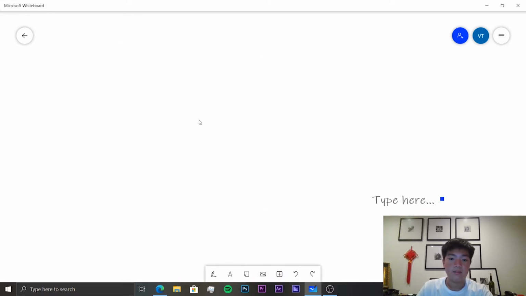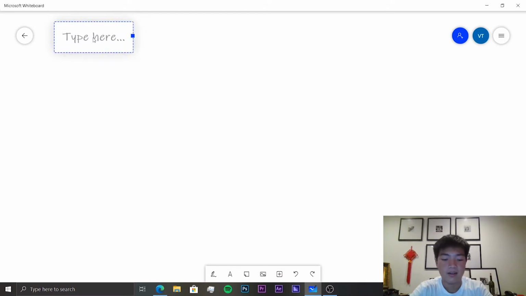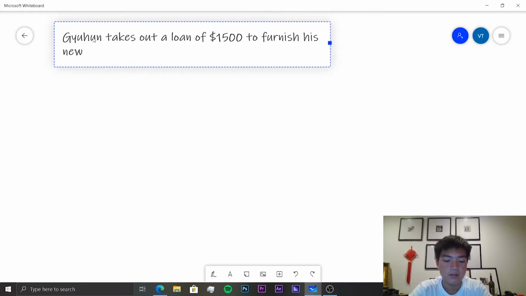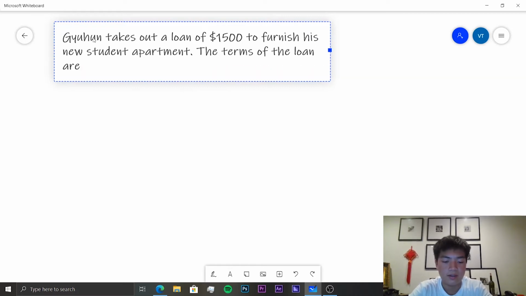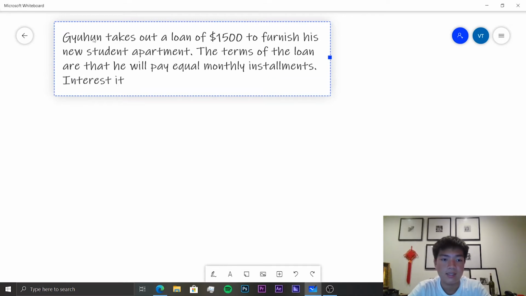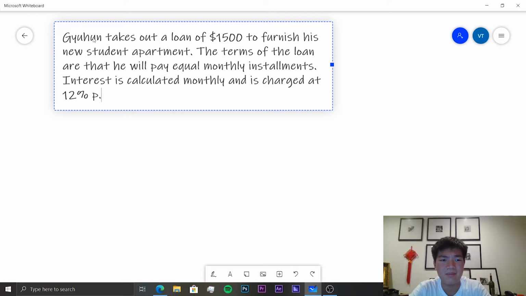So we have a guy called Yu-hun who takes out a loan of $1,500 to furnish his new student apartment. The terms of the loan are that he will pay equal monthly installments. Interest is calculated monthly and is charged at 12% per annum, so this is per year.